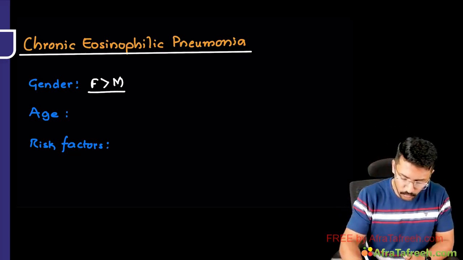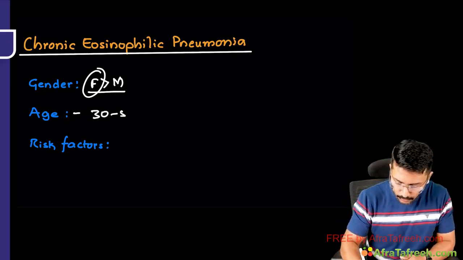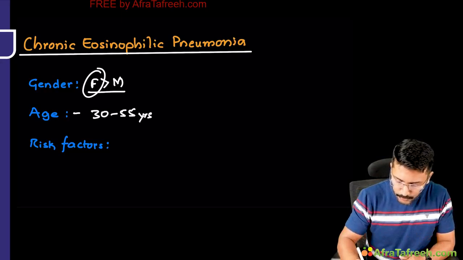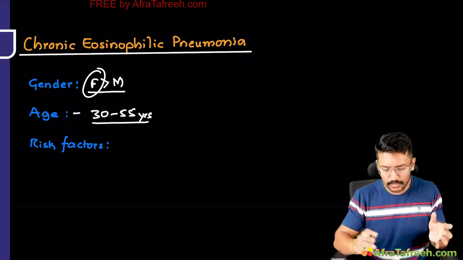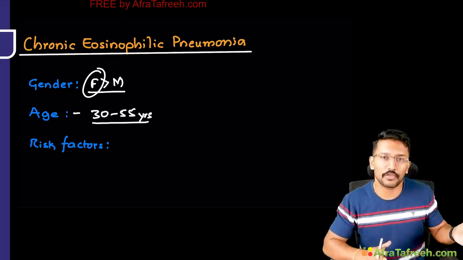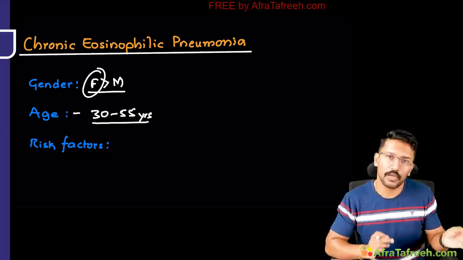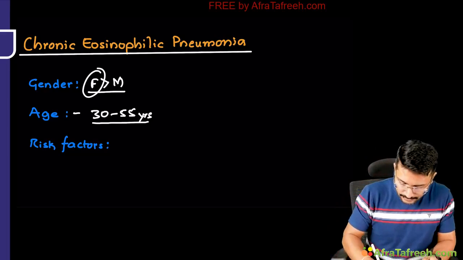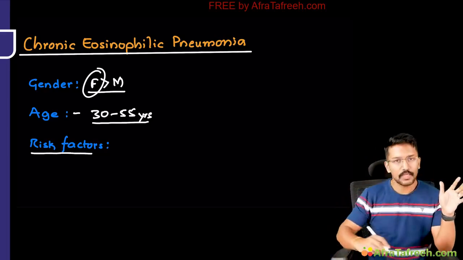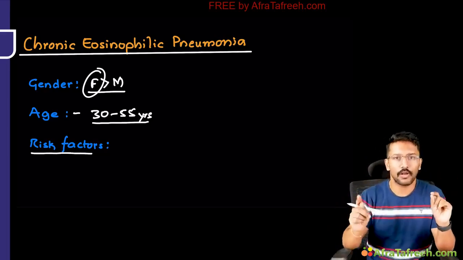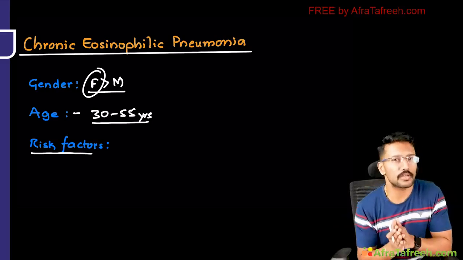Here it is females who are more commonly affected than males, and age-wise it is 30 to 55 years. So a patient of chronic eosinophilic pneumonia is also young, but not as young as a patient of acute eosinophilic pneumonia. 20 to 40 is what we were talking about when we spoke about acute eosinophilic pneumonia. And in terms of risk factors, there we learned that it is someone who is non-asthmatic and has taken to smoking recently.